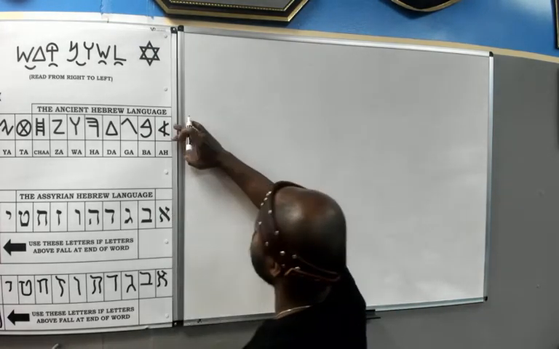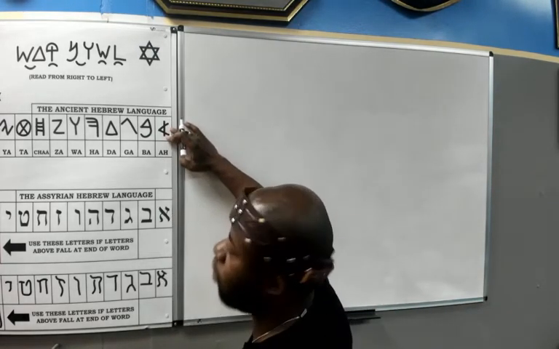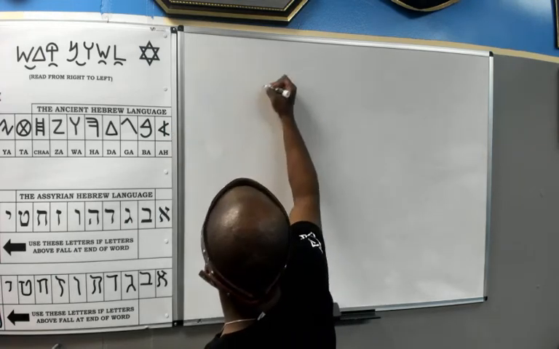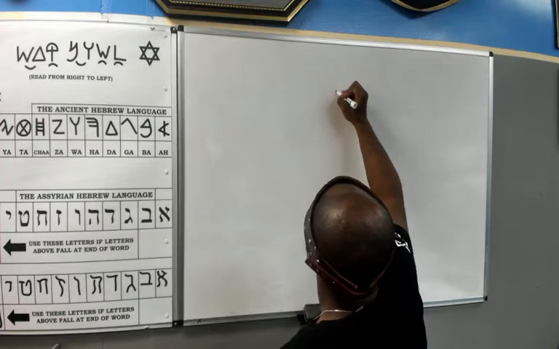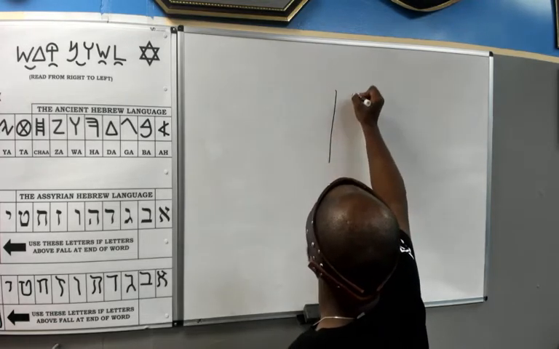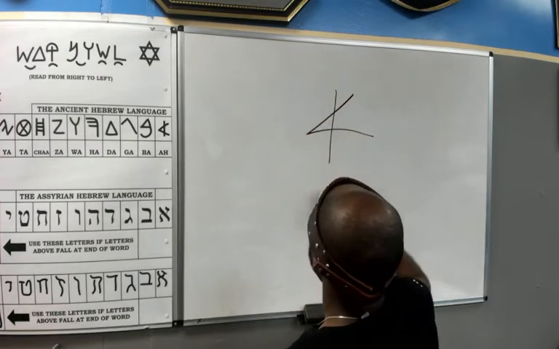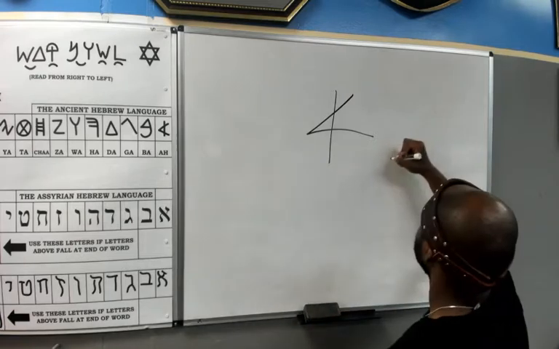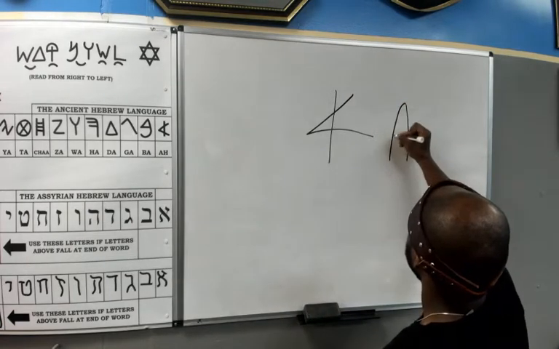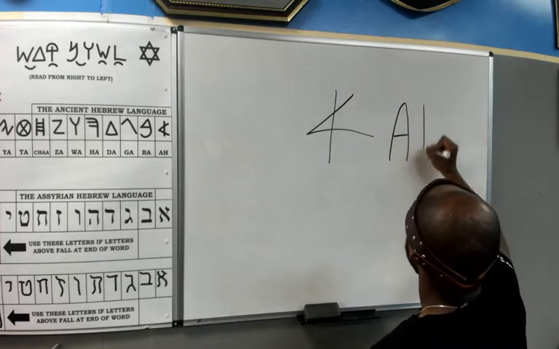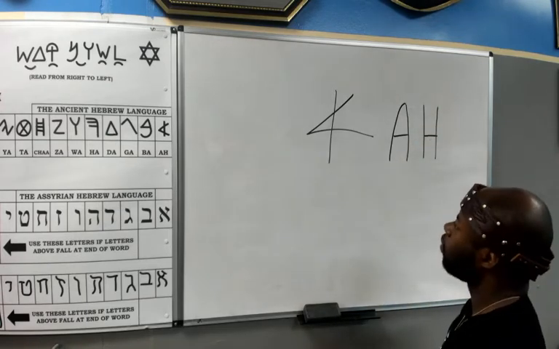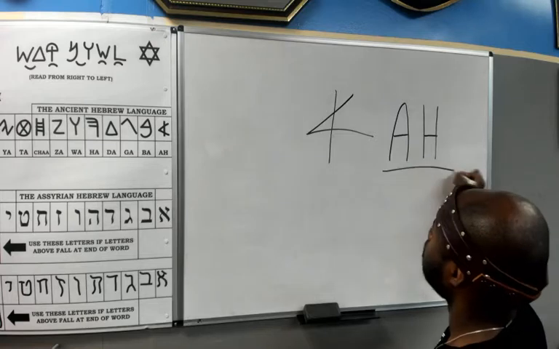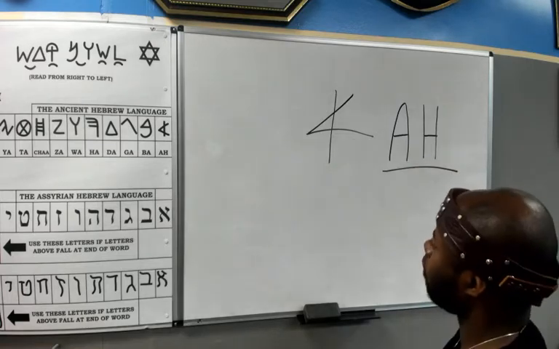So of course, as you can see on the chart, the first letter is A. Now, of course, this is the proper pronunciation for this character here, which is A.